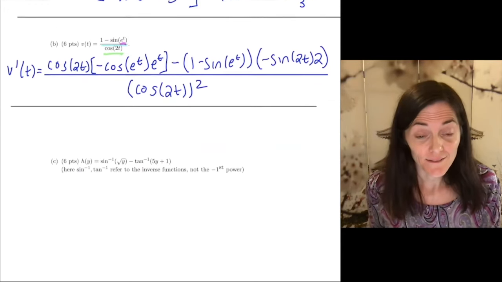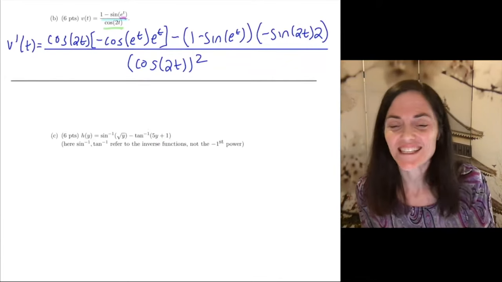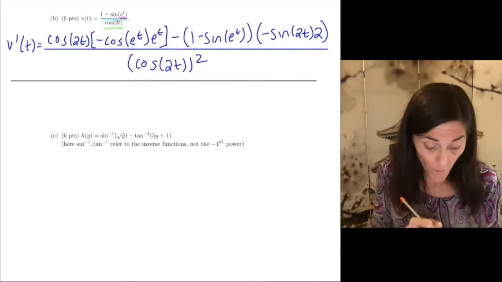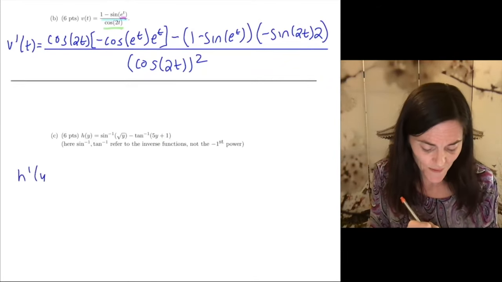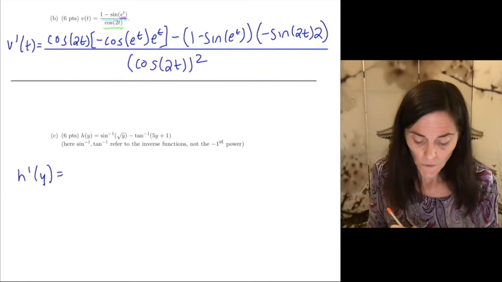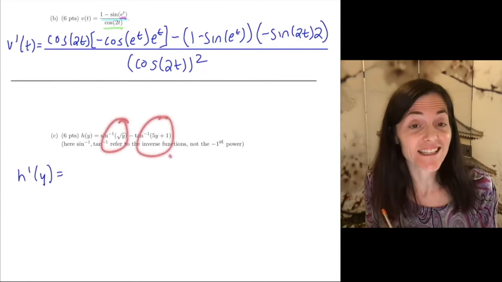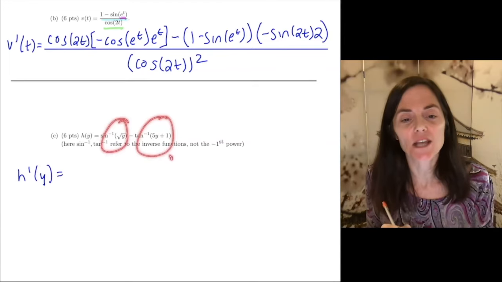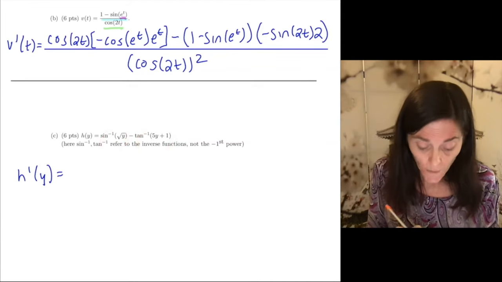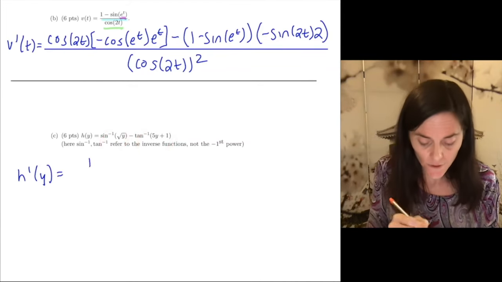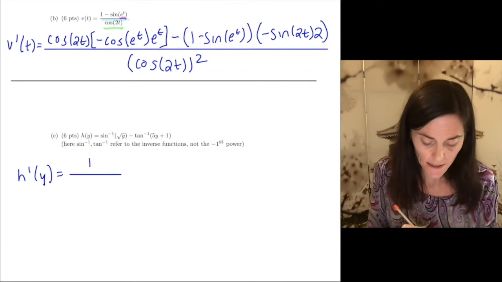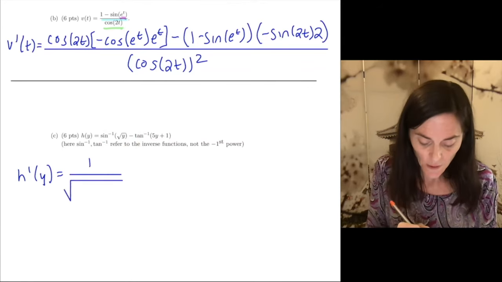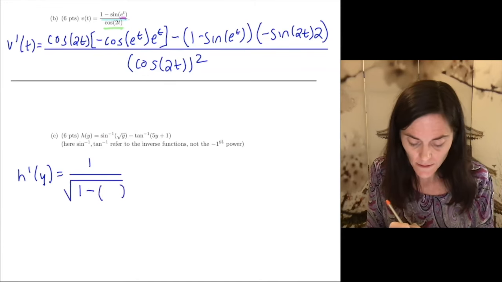Finally here, we have some inverse trig functions. Wonderful. This is a sum of 2 terms. That's what I see first. It's a sum of 2 terms. Each term is a chain rule. So the first thing, we differentiate the sine inverse, which would be like this. There's a square root, and then 1 minus squared.